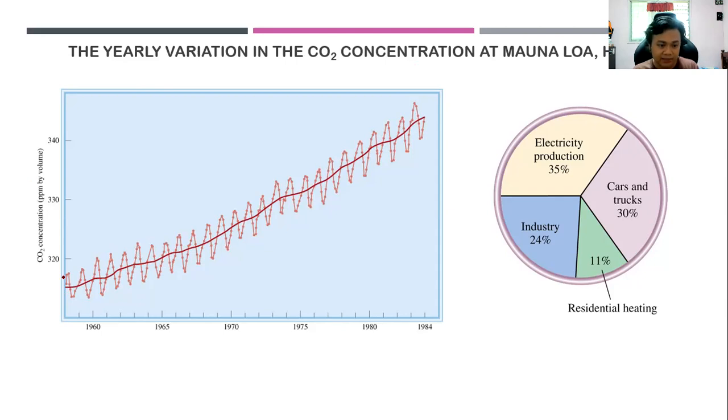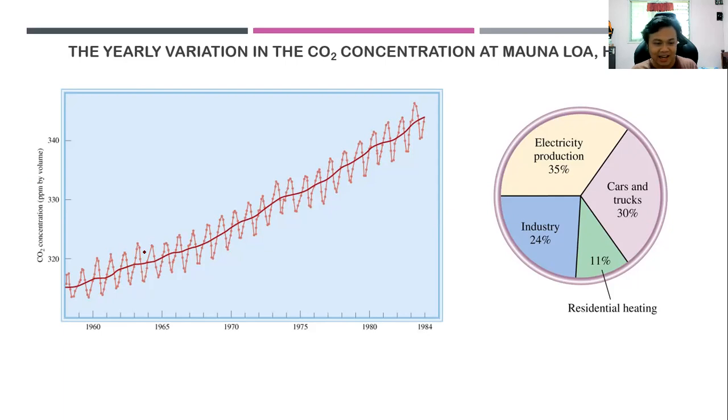As you can see, every year the concentration rises, then it goes back down again, then rises, then goes back again. So you can see that part of the Earth breathes in and breathes out carbon dioxide. So this is inhale, exhale, inhale, exhale, inhale, exhale of carbon dioxide.